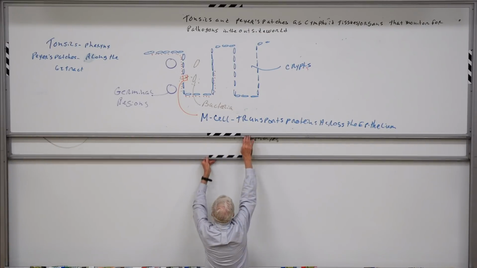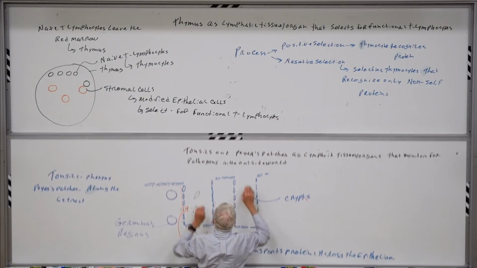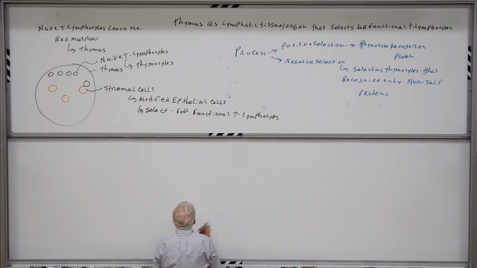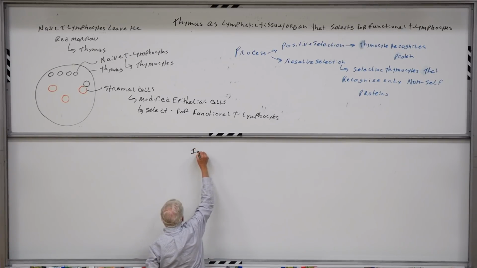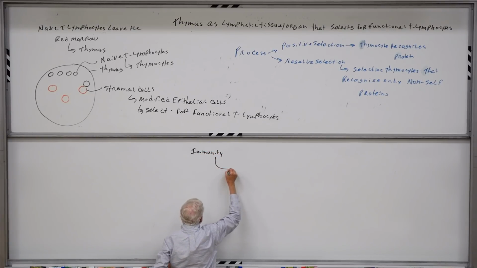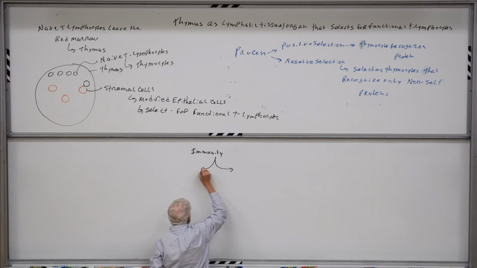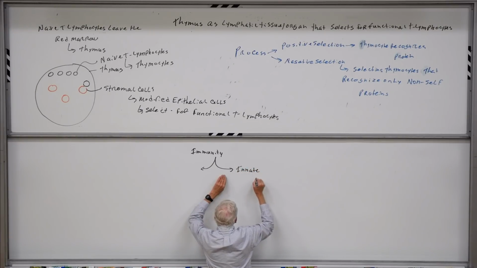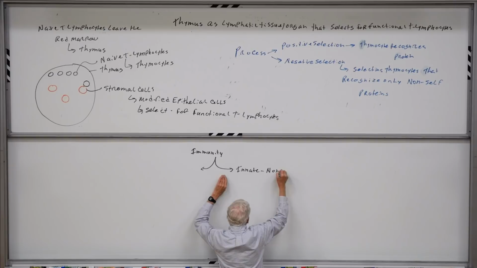Do this in the backboard. When we talk about immunity, we divide the immune system into these two great categories. One is said to be the innate or non-specific.